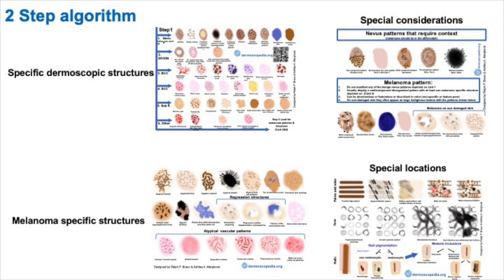We didn't talk about palms and soles and nails, right? The anatomy of the face, the palms and soles, the nails, and mucous membranes is very different than the rest of our skin. And because of that anatomy, they have their own features, right? That's another 2 hours, okay? So we covered everything else other than those so-called special sites.